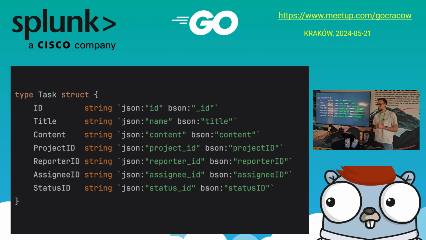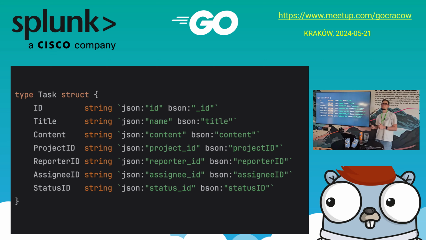And in the code, we used this task structure, for example, right? So we had a simple Go structure, and we used struct tags for marshalling and unmarshalling. So we used JSON for marshalling and unmarshalling in REST responses and requests, and BSON for saving and loading entities from the database.